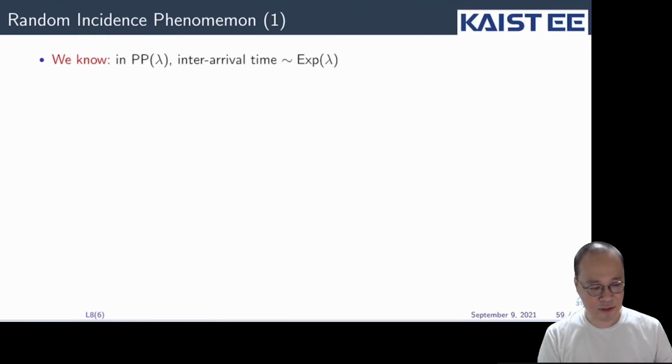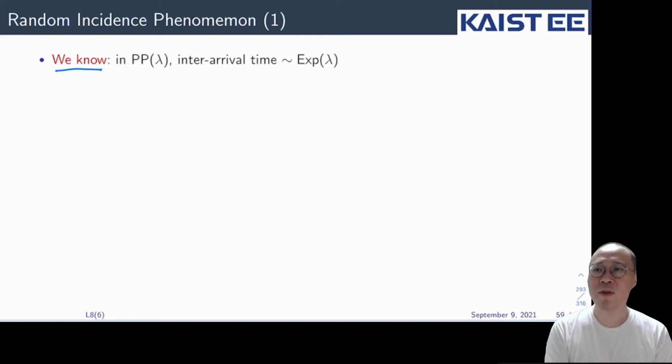Okay, good. I hope that you are well motivated by the question using this example. So let's first start from what we know. In the Poisson process with parameter lambda, we know that the inter-arrival time is an exponential random variable with parameter lambda.